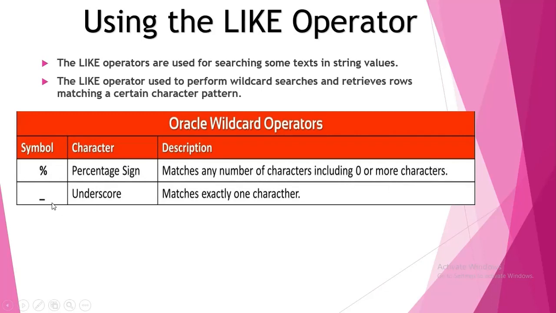Underscore is another wildcard, and it matches exactly one character. You can remember this: if we use the percentage sign in a query with the LIKE operator, we can fetch multiple characters, but underscore is used for only one character.